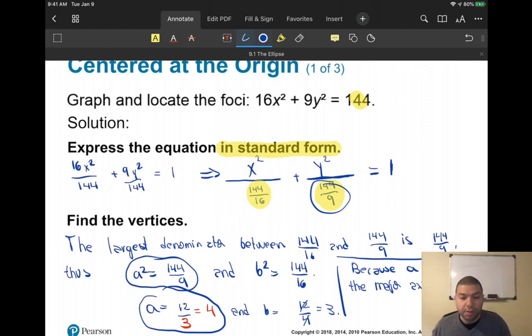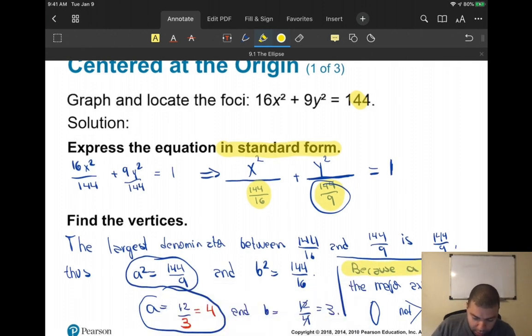So meaning, because the larger number is underneath Y, that means your ellipse is elongated vertically and not horizontally. So that means it looks a little bit like this, right? And not this. Okay, so I can throw this away. Okay, that's an important step on graphing ellipses.